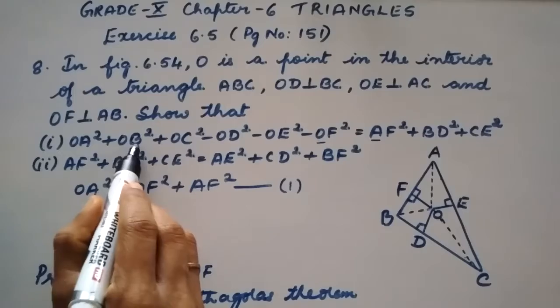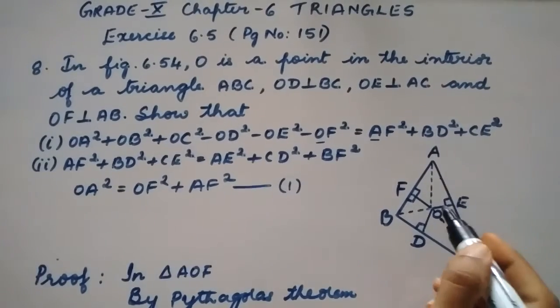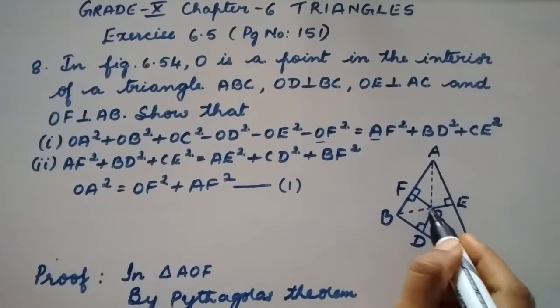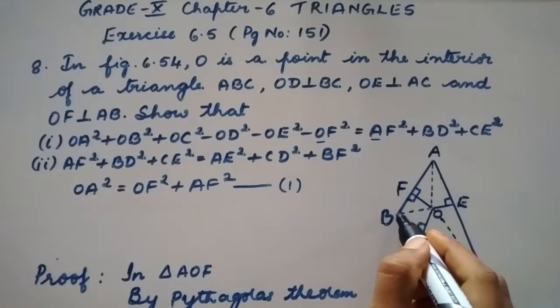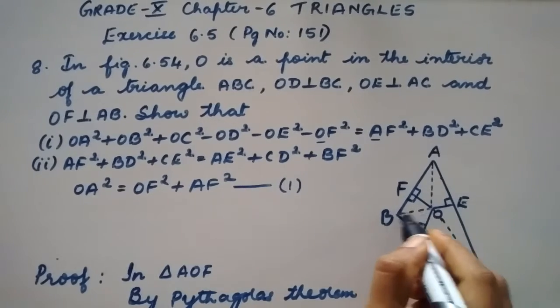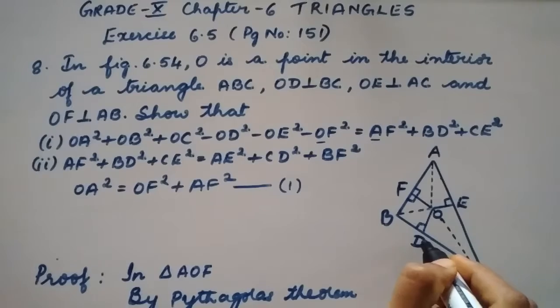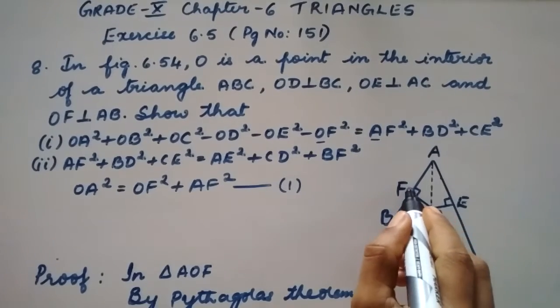Next is OB. So, where do we find OB here? So, OB is in triangle BOD as well as in triangle BOF.